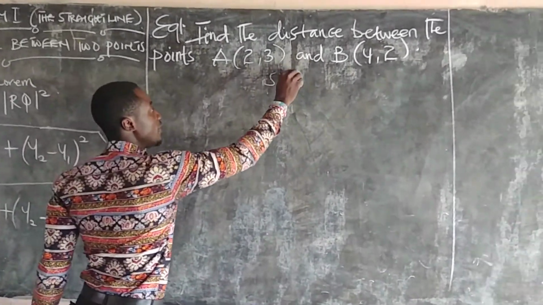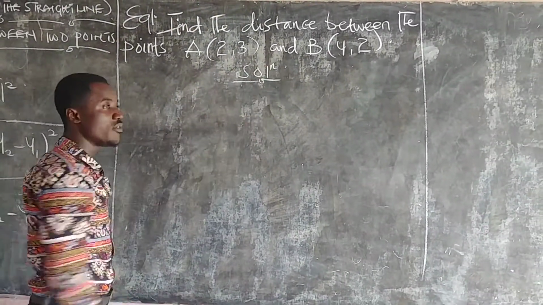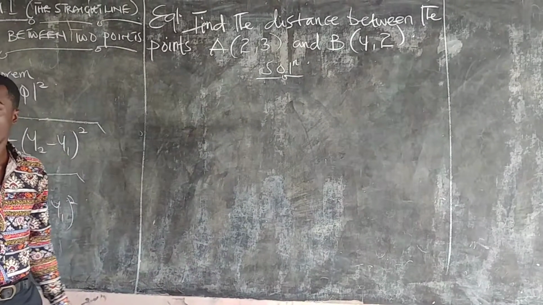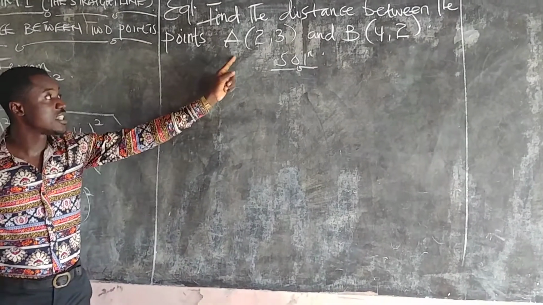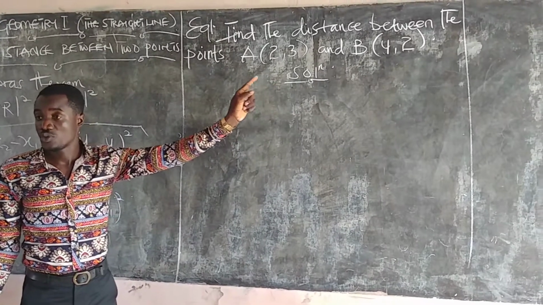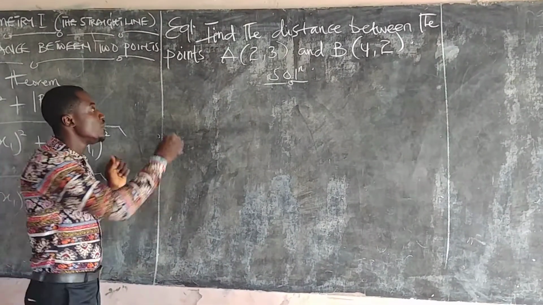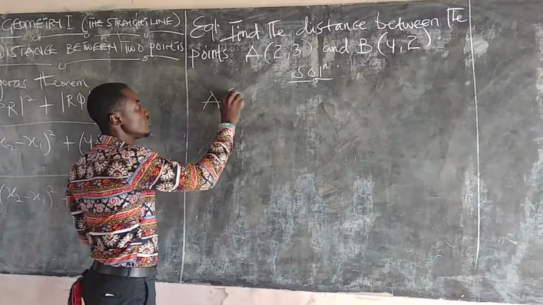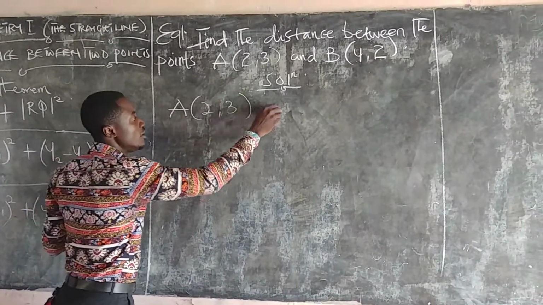Solution. The first thing you should ask yourself, whenever you are given a question of this kind, is what you have to find: the distance between the points A(2, 3) and B(4, 2).